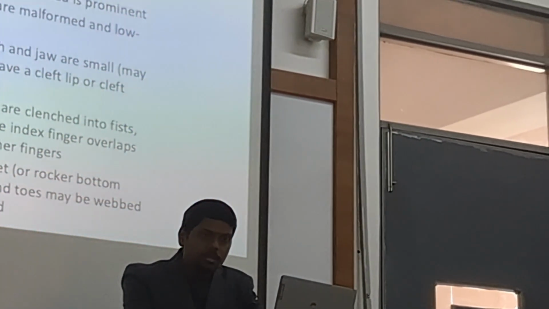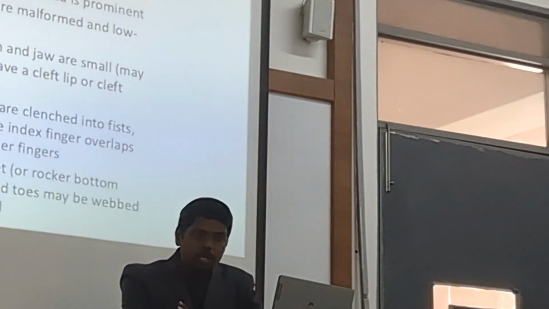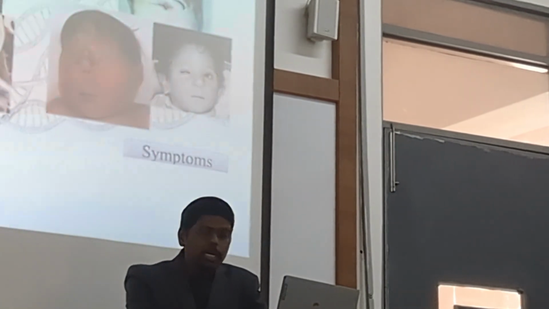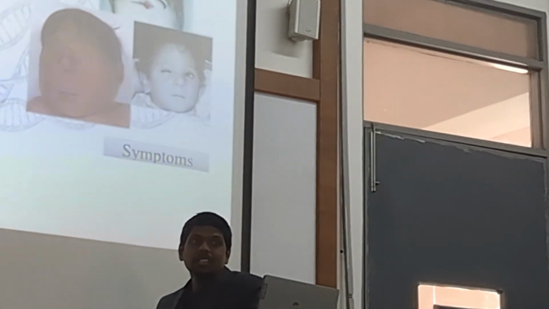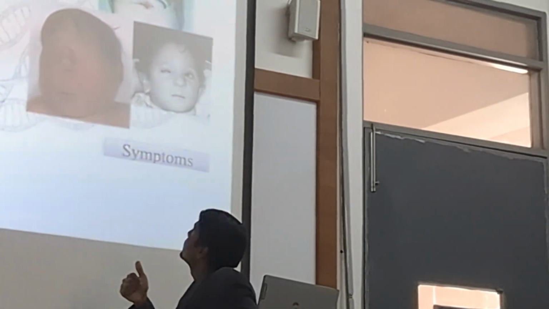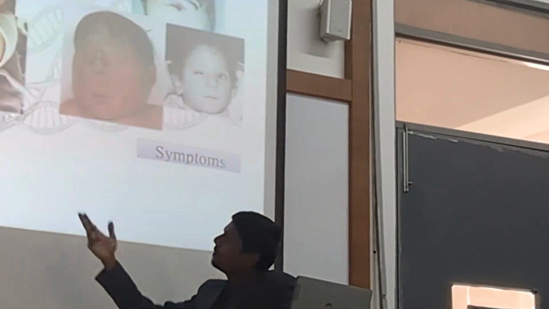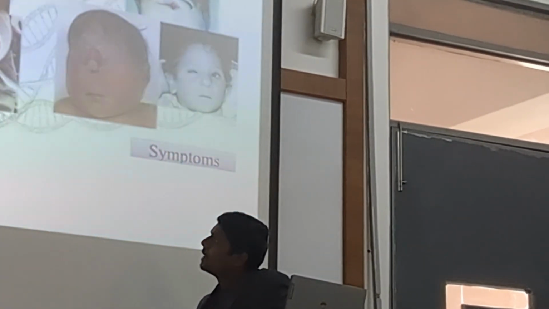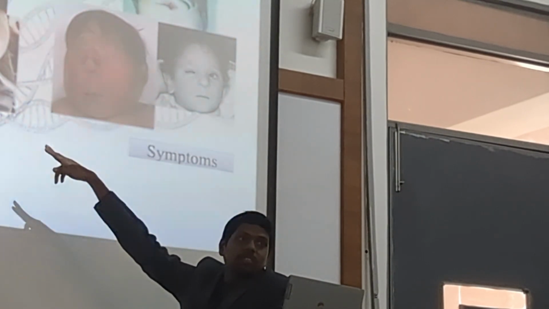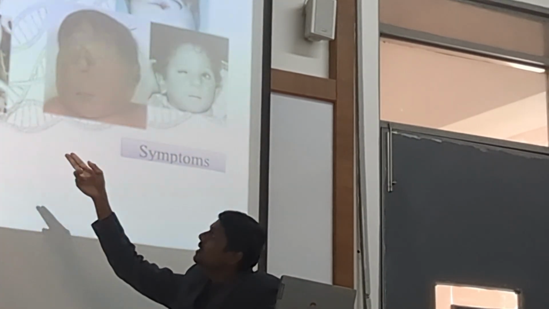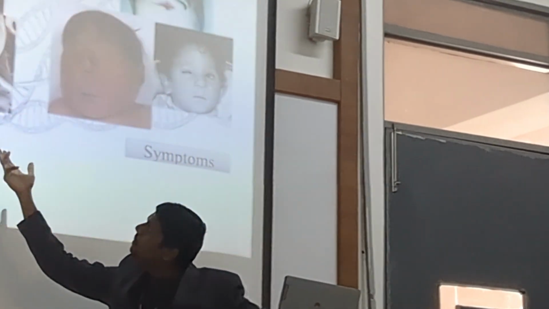Next one. Edwards syndrome, I wanted to show a few more things. Anyway, this is Patau syndrome, trisomy 13. In this, the baby may have a cyclops, only a single eye. Looking very scary.